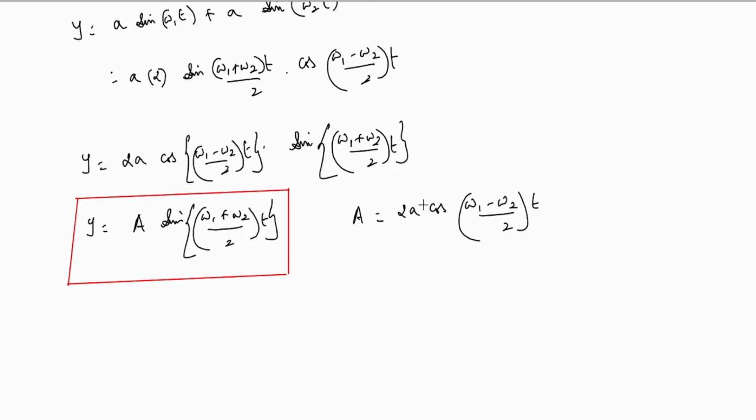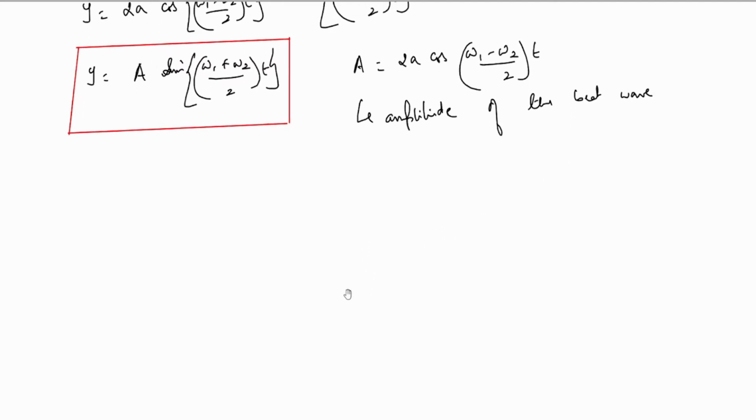This A is called the amplitude of the beat wave. This represents the equation of a progressive wave.